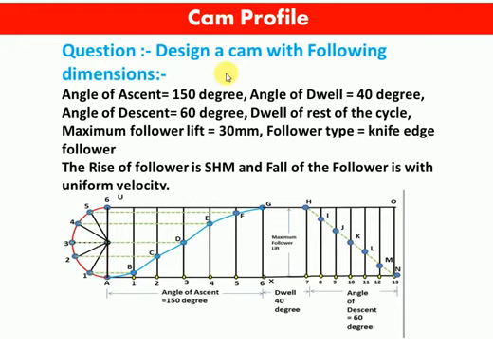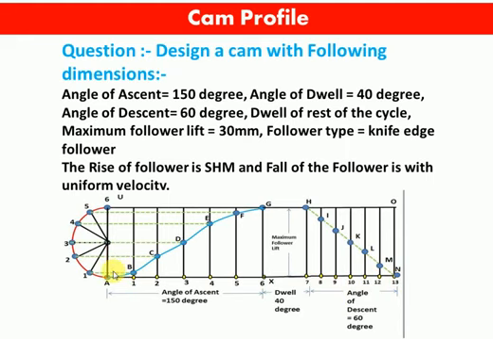What we'll do is we'll design a cam in which the angle of ascent is 150 degrees. I have taken this figure directly. We'll draw this figure also first. Angle of ascent is 150 degrees, then it has a dwell of 40 degrees, then angle of descent as 60 degrees, and then for the rest of the cycle it is dwell.